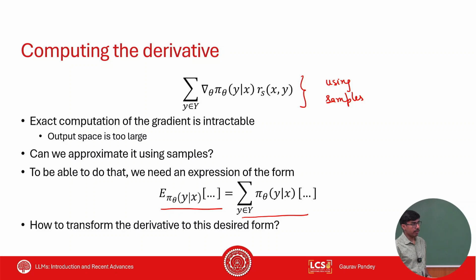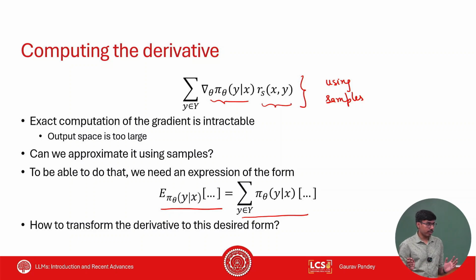Does this make sense? Why do I want an expression in the form of expectation? If you look at the expression at the top, it tells you that for each possible output, so there are infinitely many sequences possible, right, compute the gradient of the policy times the reward of that sequence.